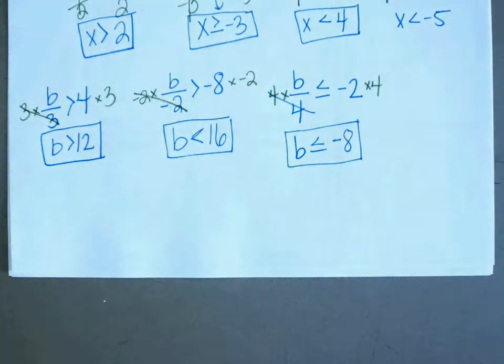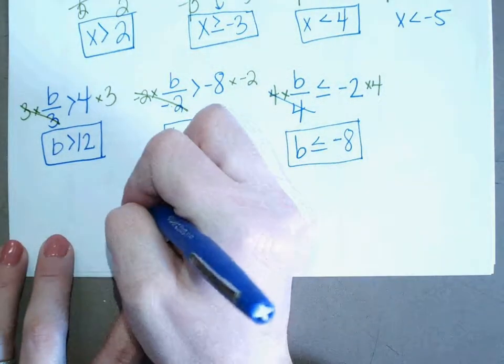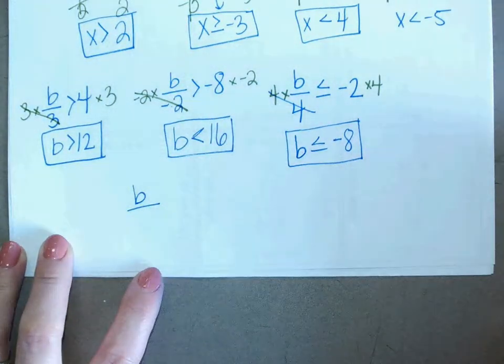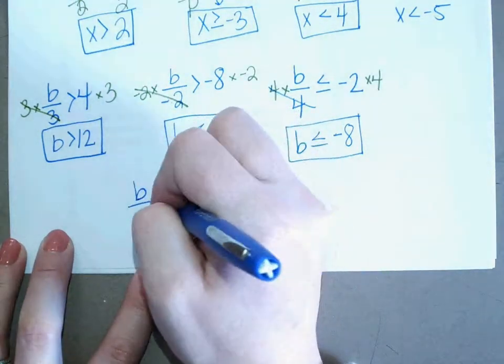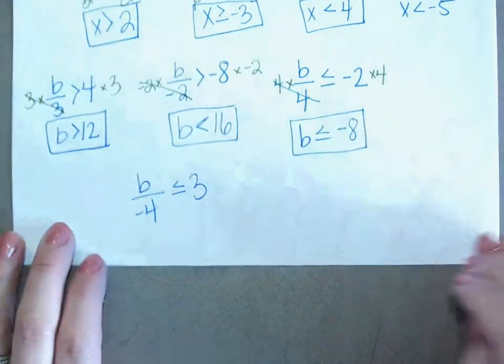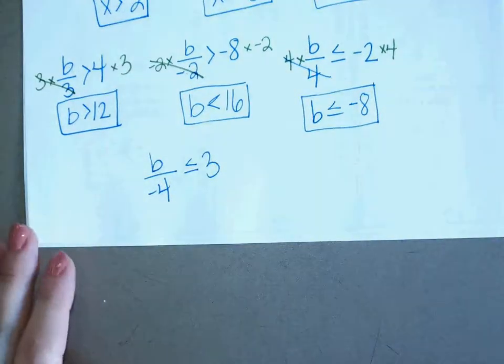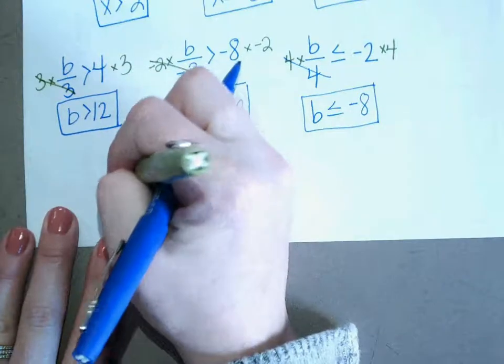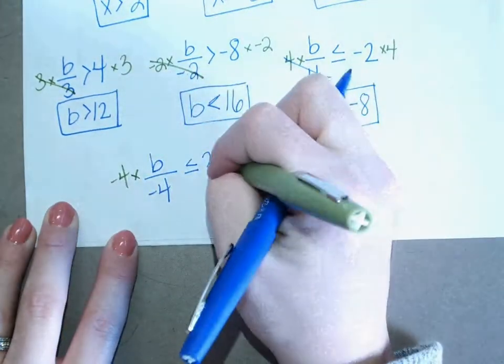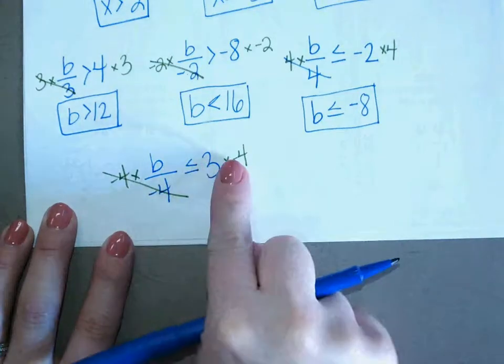Is there one more? Yes. b over negative 4 is less than or equal to 3. How do you solve for b? Times by negative 4. And then we change the sign, because you multiplied by a negative. Good.